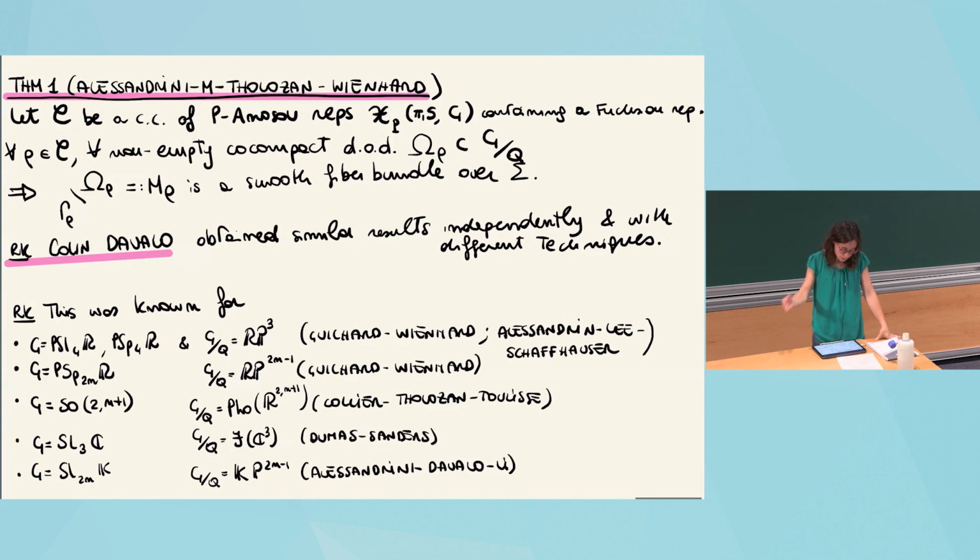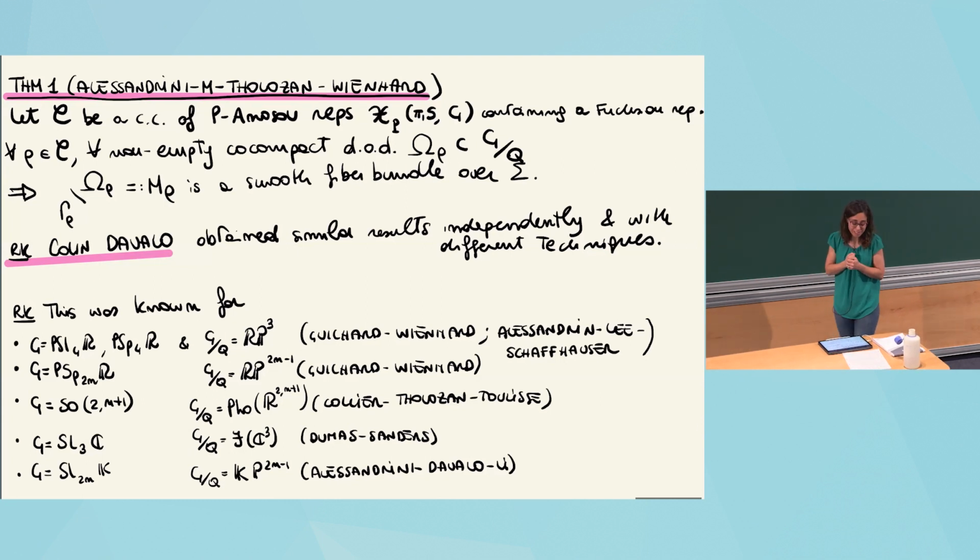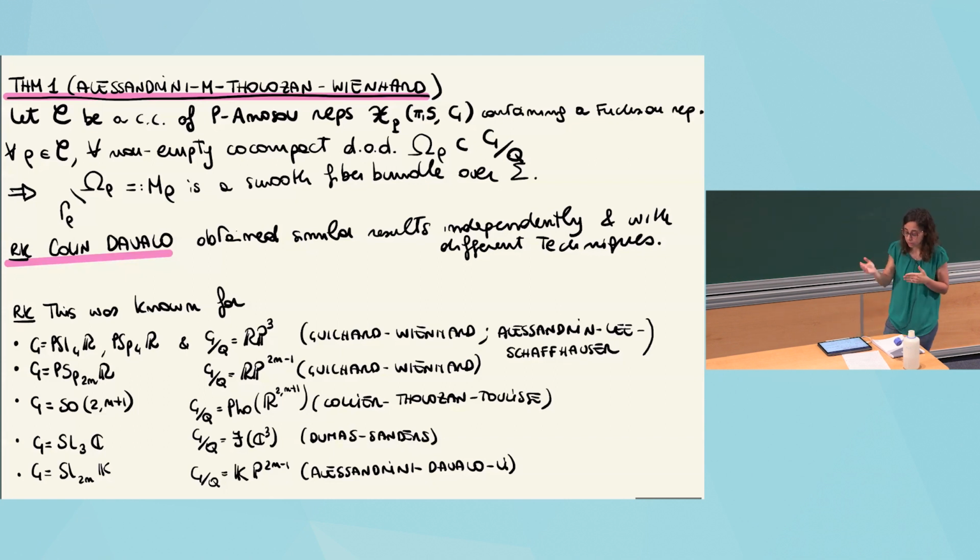Collier, Tholozan, and Toulisse have a different method. They study SO(2,n) into this Photon space, totally isotropic planes inside R^{2n} or R^{2n+1}. David Dumas and Andy Sanders look at the SL3C case, and they look at the domain of discontinuity in the full flag. And Alessandrini, Davalo, and Li look at the general SLn and again the projective space.